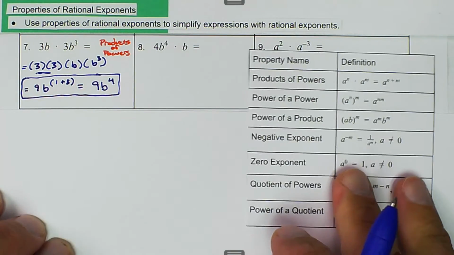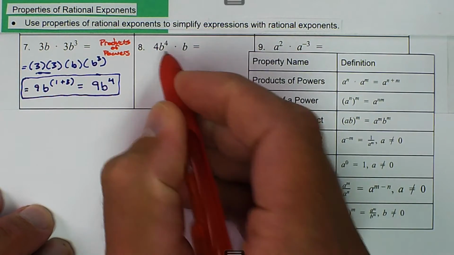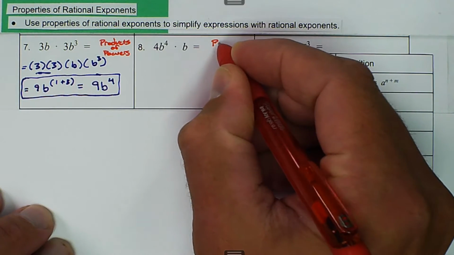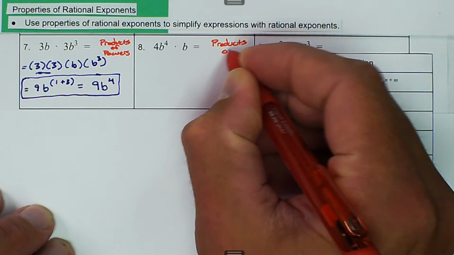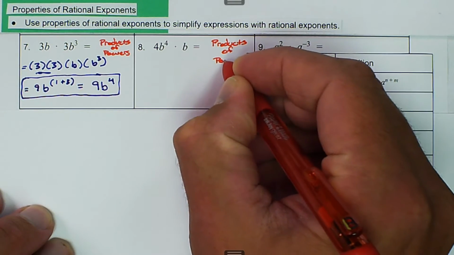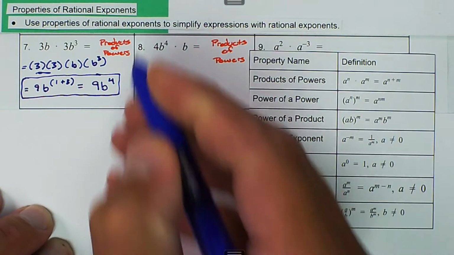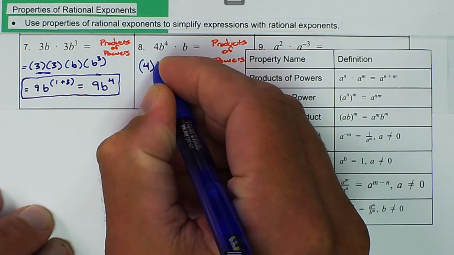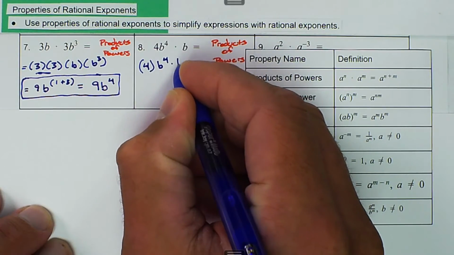The next one we have is 4b to the fourth times b to the first. And that's going to be the same thing because we still have the same base of b. So this is going to be product of powers as well. And so we can rewrite this as 4 times b to the fourth times b to the first.